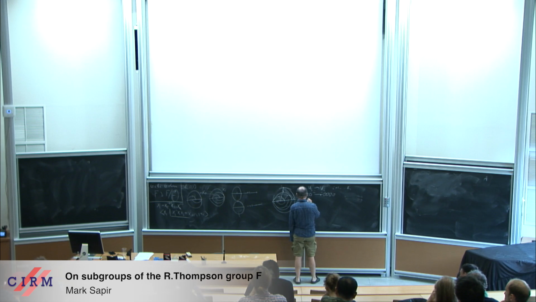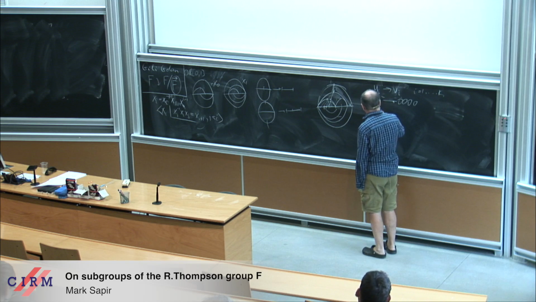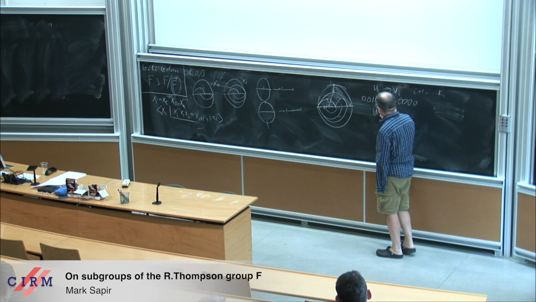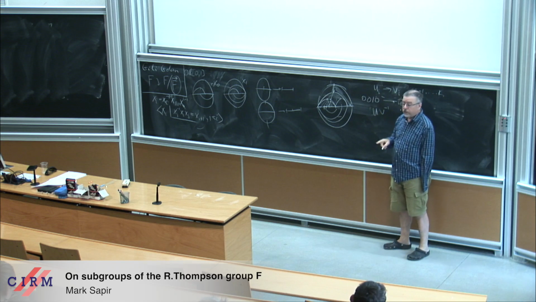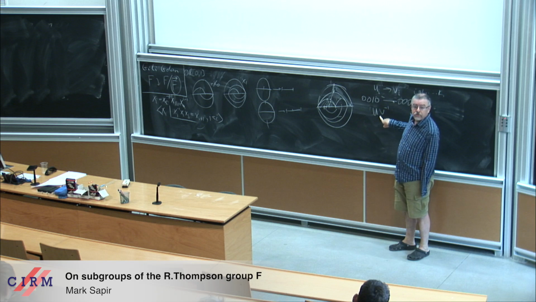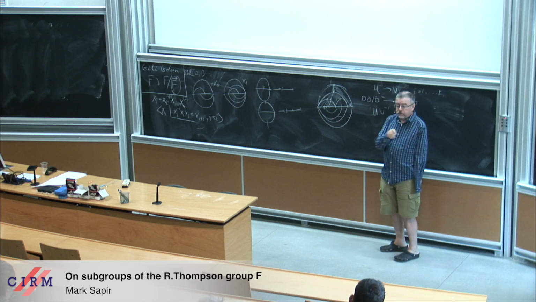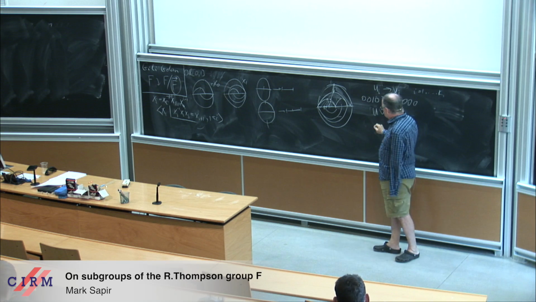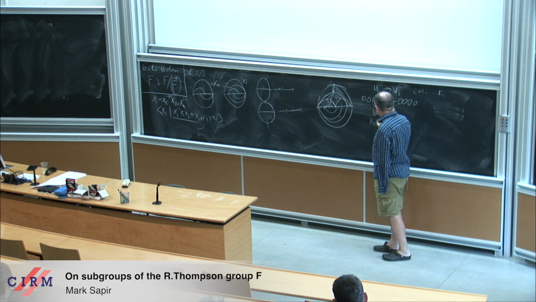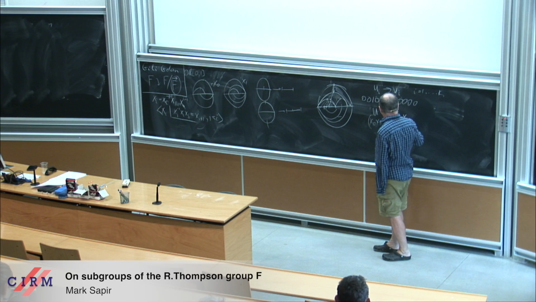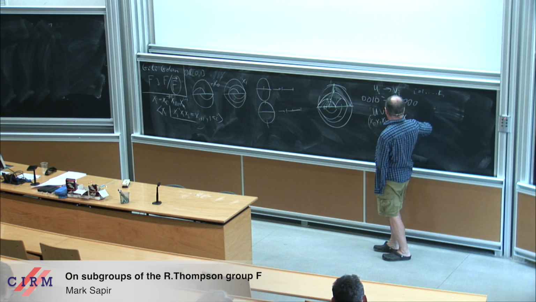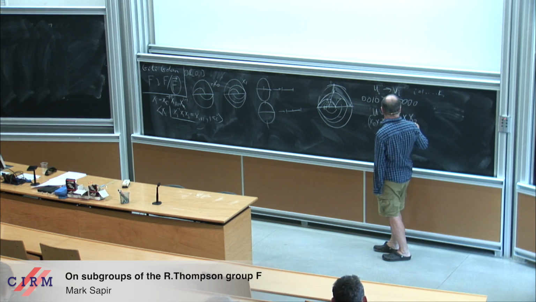Every element can be represented as U V inverse, where U is a product of xi's, V is a product of xi's, positive products, without inverses here and inverses here. And the indices increase, something like x0, x1, x3, x5, x6, x7, something like inverse, right?